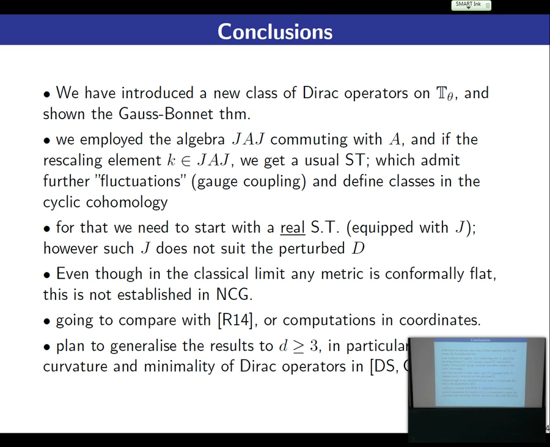For that, we had to start with a real structure, so an operator J, which goes to the commutant, an antilinear transformation. Okay, one can start without J. We started with J here, but this J survives because we are staying always on the same Hilbert space, but it no longer satisfies other properties like the first order condition with the perturbed spectral triple, or the KO dimension, and things like that.